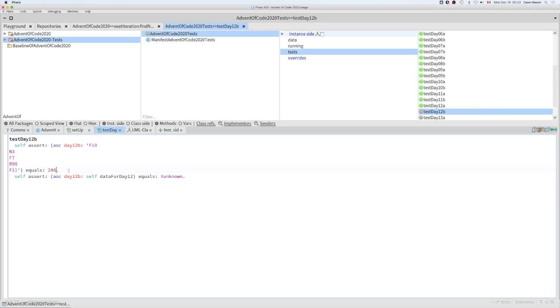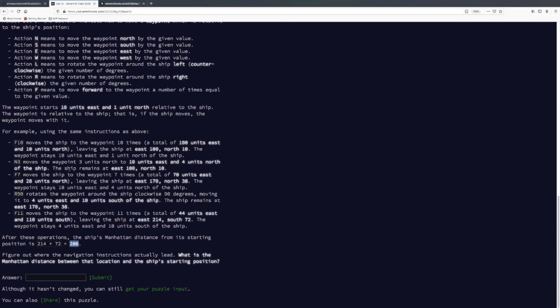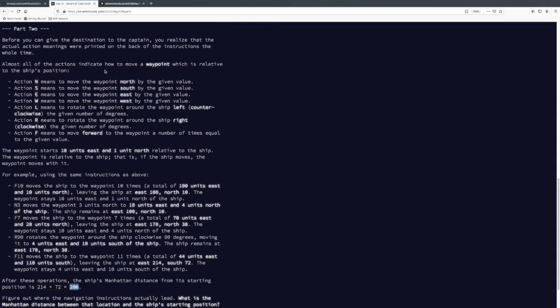And the other commands decide where the waypoint will go. Right. So forward is the only instruction that actually moves the ship. Seemingly, yes. And the others all move the waypoint around. Yeah, F is the only one that teleports the ship to the waypoint, and the number is how many times it teleports.